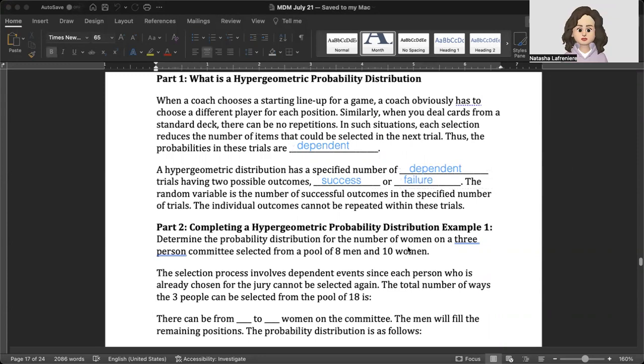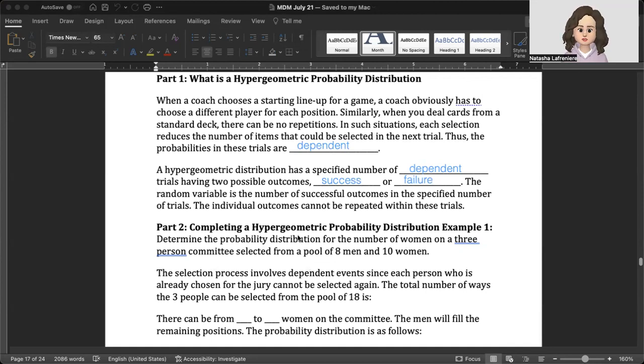The random variable is the number of successful outcomes in the specified number of trials. So the individual outcomes cannot be repeated within these trials. Again, when you're picking from a stack of cards, you can only get the 2 of hearts once. When a coach is choosing a lineup, he's only going to have X amount of quarterbacks. I don't know much about sports.